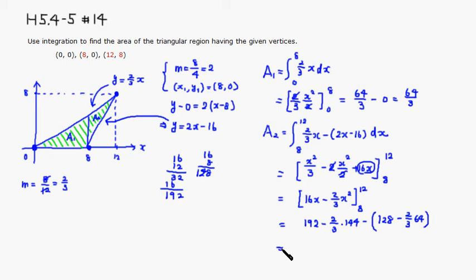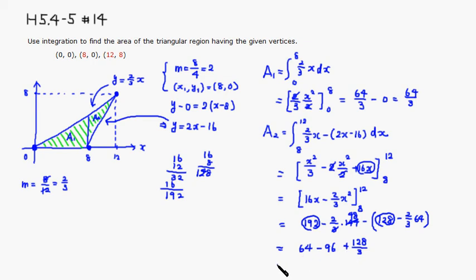So what you get is 192 minus 128, and 144 minus 64 over 3, multiplied together, so it's negative 96, and minus minus makes it plus 128 over 3.